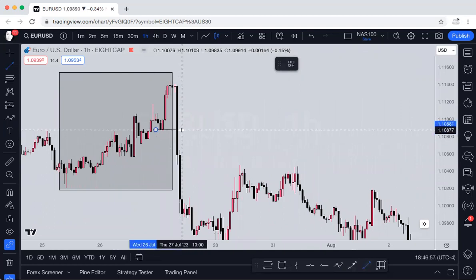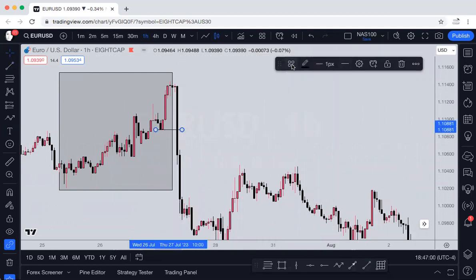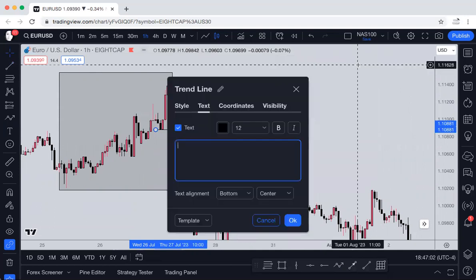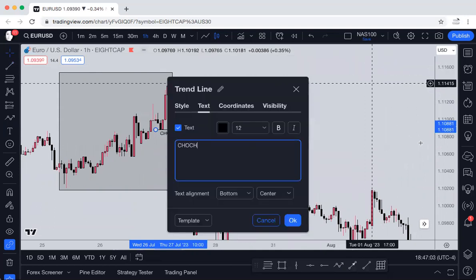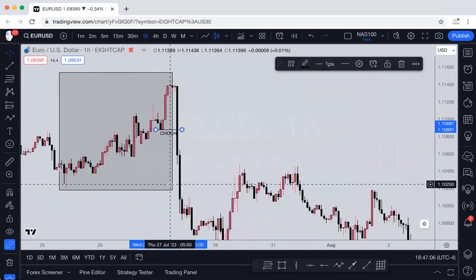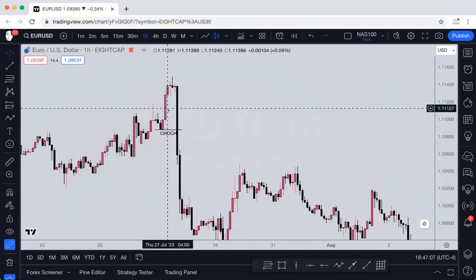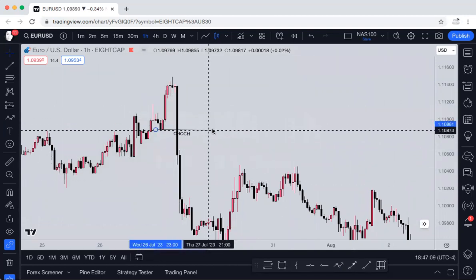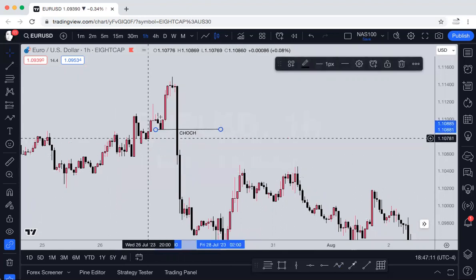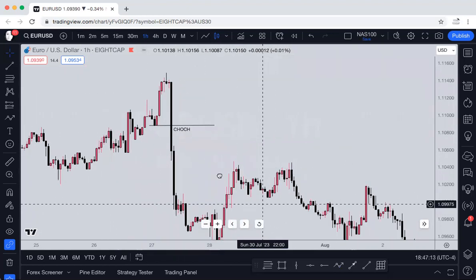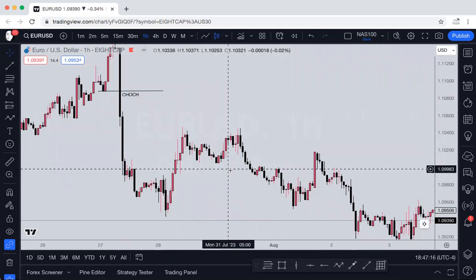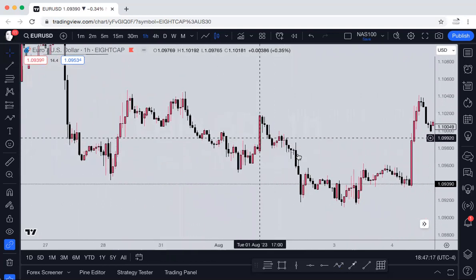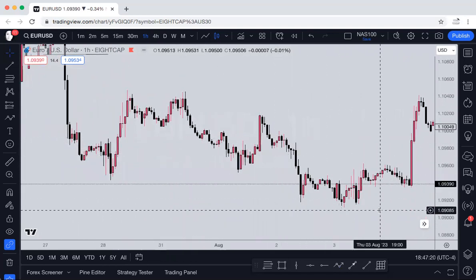Boom. This last low got broken. Okay. And now you're shifting from your uptrend to a downtrend, okay? And now you're starting to see prices moving lower.